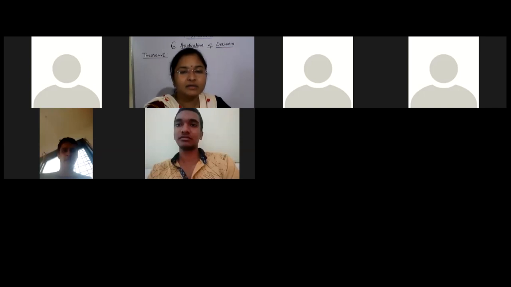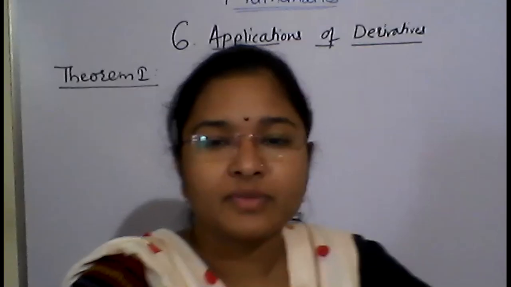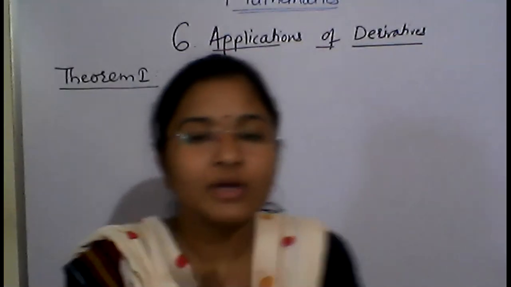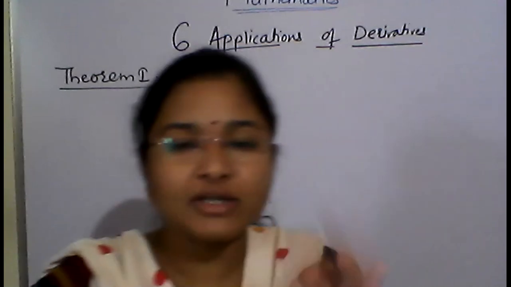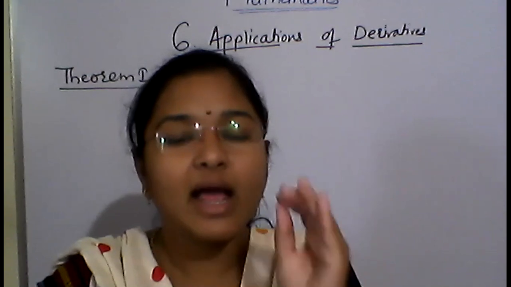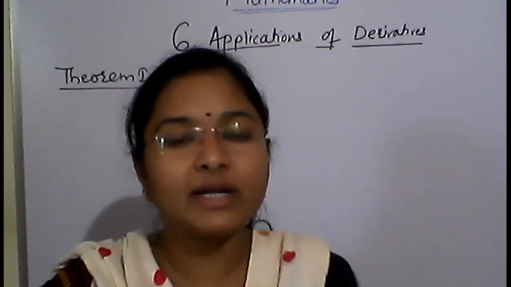Yes, Aditya. Yesterday only I have told the condition. See, in Rolle's theorem and mean value theorem, we have considered the function continuous on closed interval AB and differentiable on open interval AB.